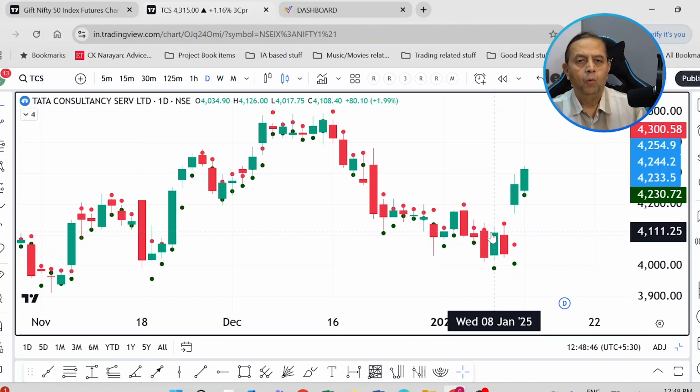But what this reveals is that the market today is actually hungry for good news, provided that good news is already not factored in. So the market latched on to the better order positions, the TCS deal struck by them. It latched on to that, and it chose to ignore the fact that the numbers were not so very palatable.